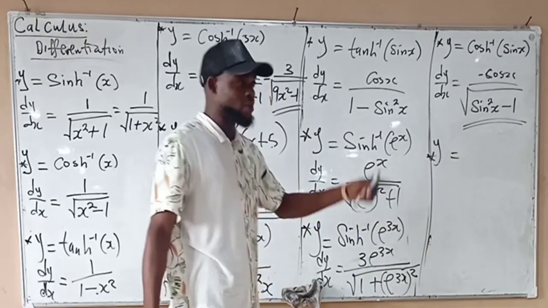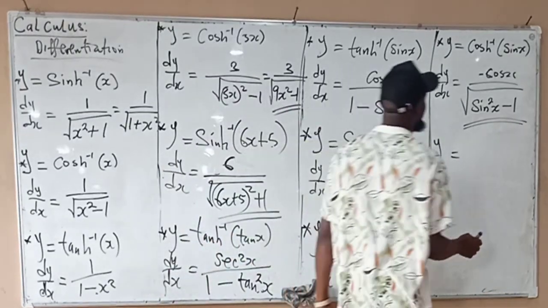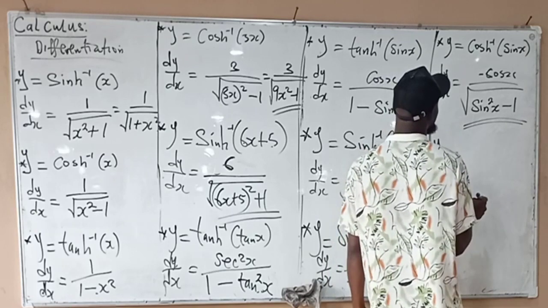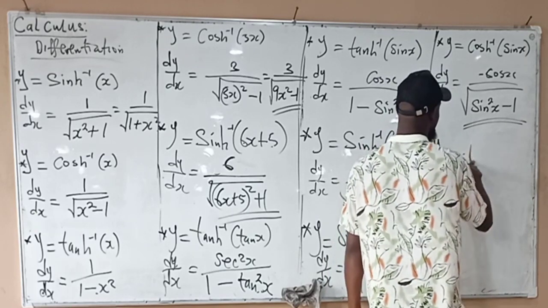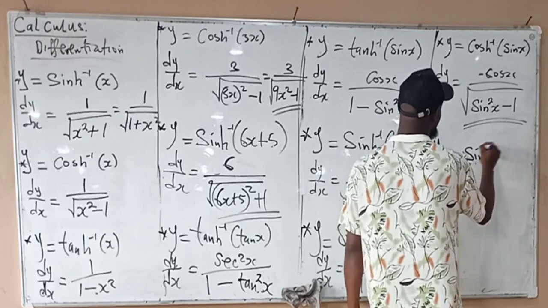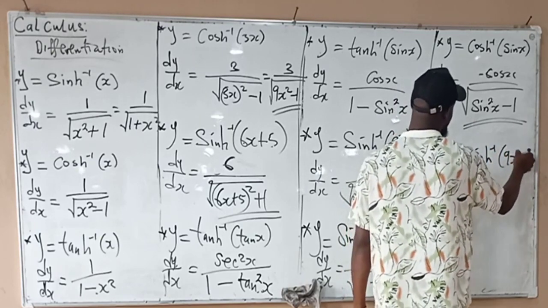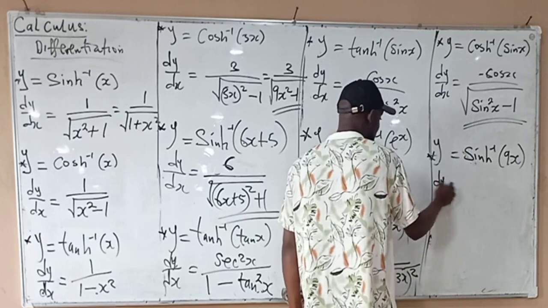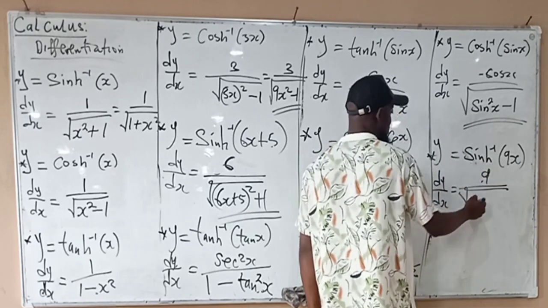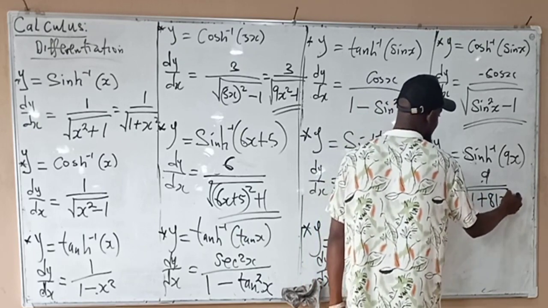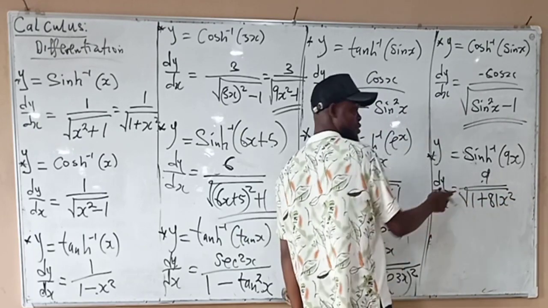Here is another one. If I solve one, you solve one now. If y is equal to sine inverse of 9x, dy over dx will be 9 over the square root of 1 plus 81x squared. Try this one to see if you can do it.